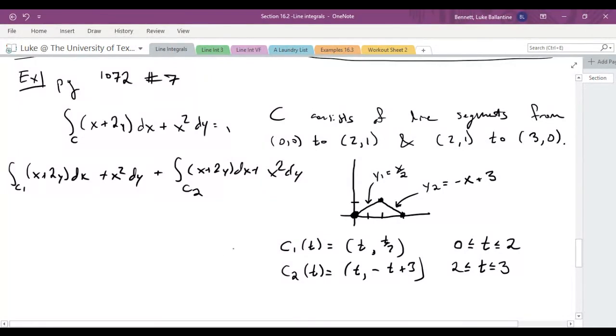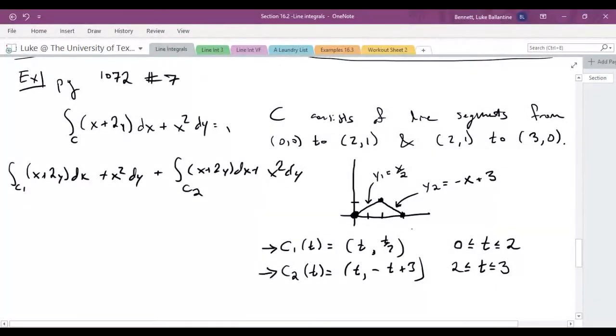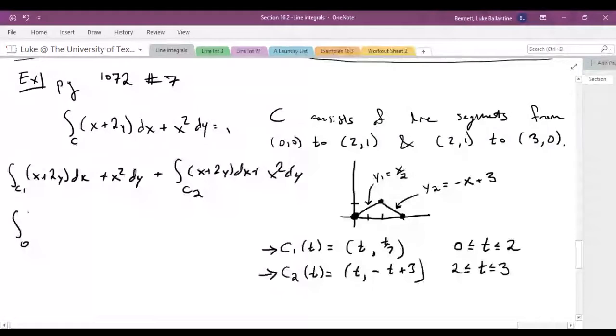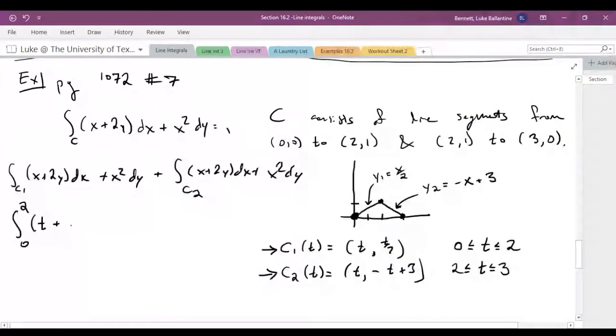So for C1, we're using this representation. For C2, that. Okay, so we're going to have the integral from 0 to 2 of x, which is just t, plus 2y. Y is t over 2, so that's just t.